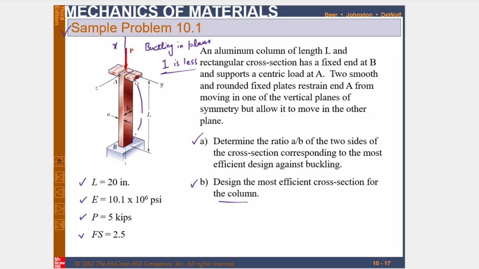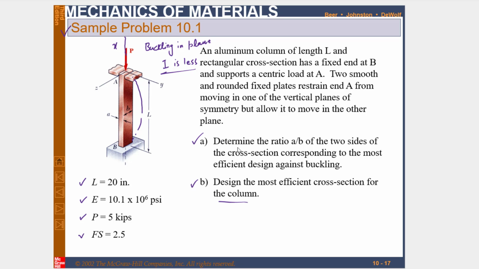So you have to check the moment of inertia about the y-axis as well as the z-axis. If moment of inertia about the y-axis is less, it will buckle like this, and if moment of inertia about the z-axis is less, it will buckle in the xz plane. Clear? So let's move toward the solution.